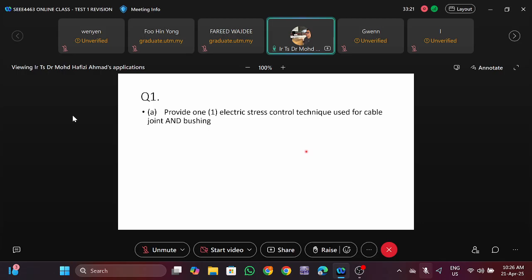If you refer to the slides, we have some different types of field grading. Field grading technique is used to control the electric field so that it will not focus on one point, not localized at one point. If localized at one point, the electric field can increase.